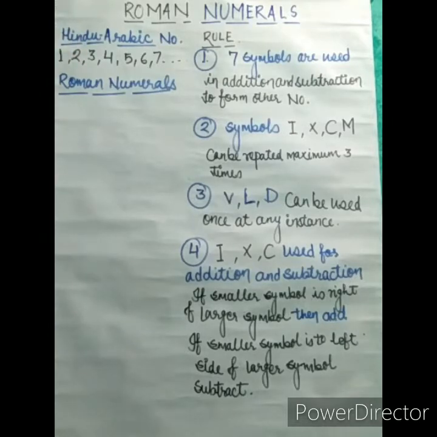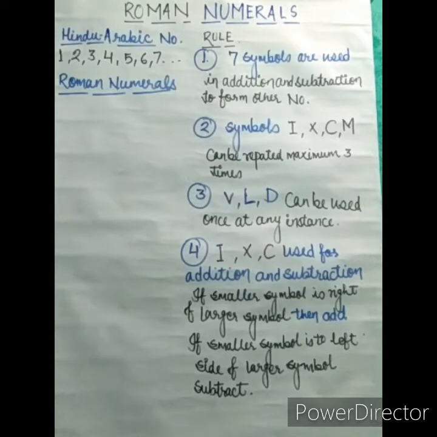Next is Roman numerals. Most of the credit goes to the Romans. They derived another system in which we can write the Hindu Arabic numbers. But how they used to write, for that we have some rules here.